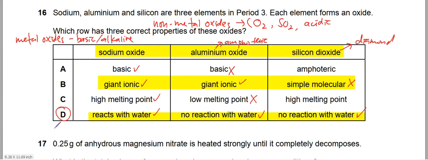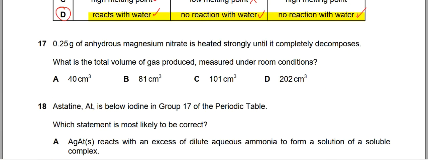Question 17. 0.25 grams of anhydrous magnesium nitrate is heated strongly. This is the decomposition of magnesium nitrate. The equation is 2 Mg(NO3)2 decomposes into 2 MgO plus 4 NO2 plus O2.